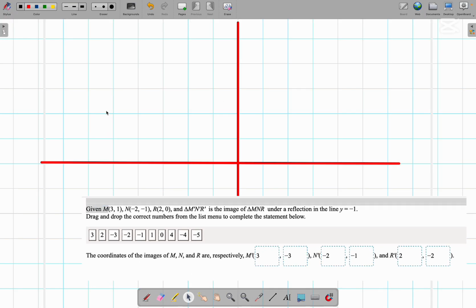So y is equal to -1 is a horizontal line, like this. It's not as curly as I did, it's not curly at all, but my handwriting is bad. Okay, so M is at 3, 1, so this is M. N is -2, -1, so here. And then R is at 2, 0, so here.